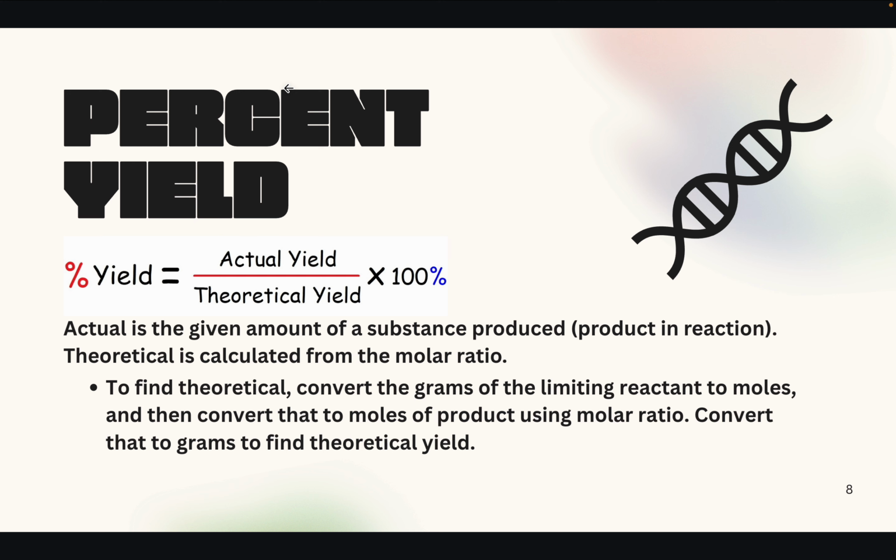Percent yield is the given amount of a substance produced over the calculation for the molar ratio. So what that's basically saying is the actual amount produced in an actual live reaction experiment over the amount you calculated on paper. So like, let's say for the flour and the sugar, you calculated that you could make 6, right? What if you only made 5? You never know what could happen.